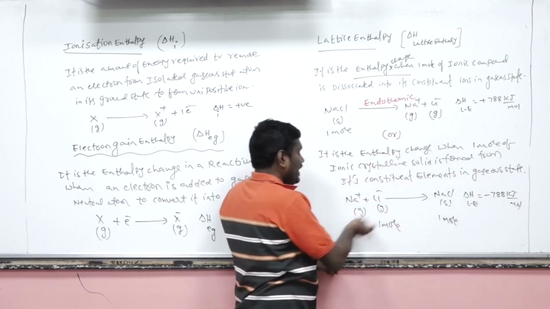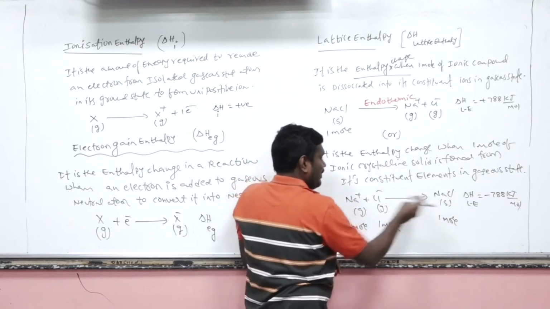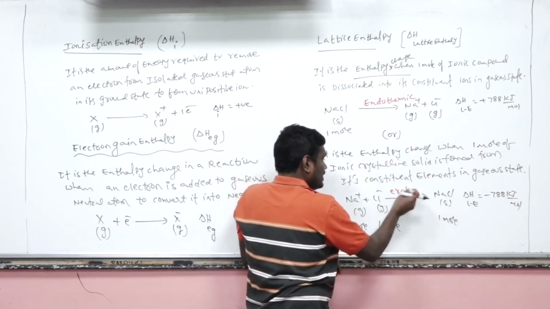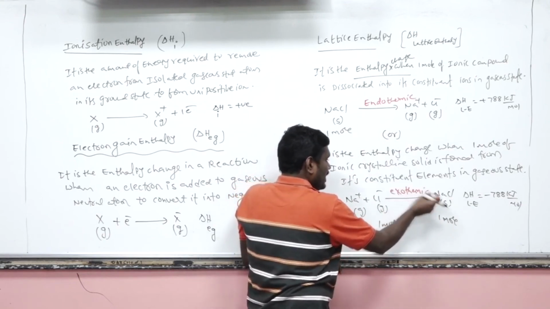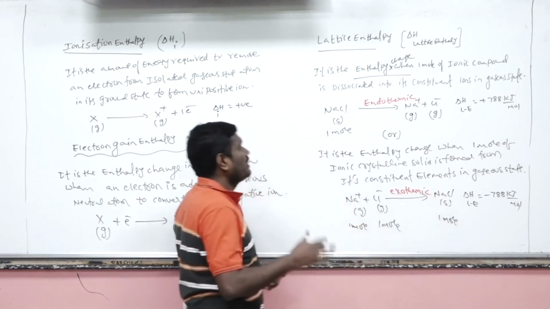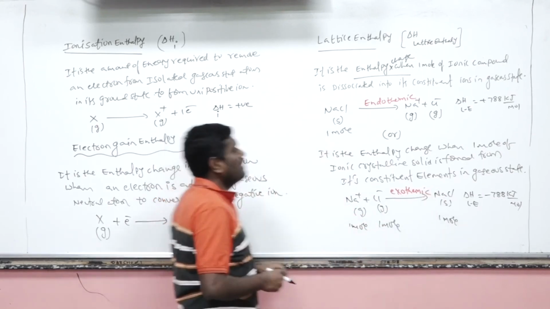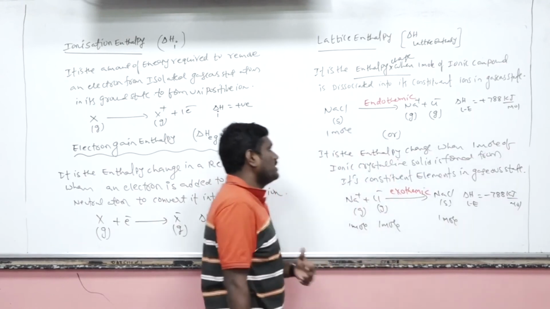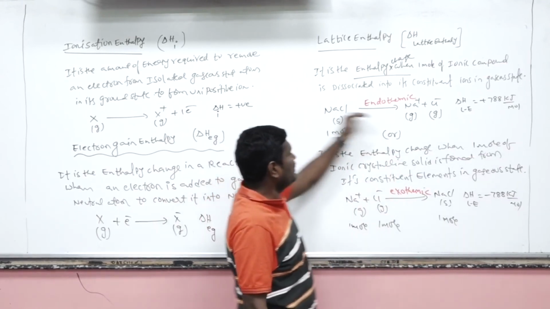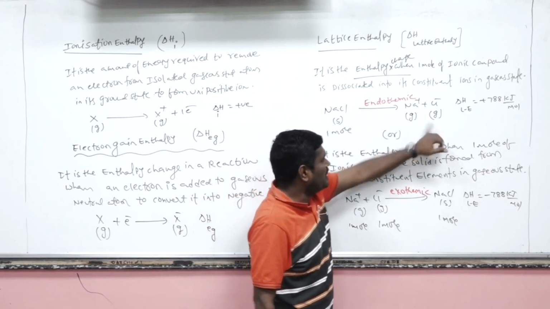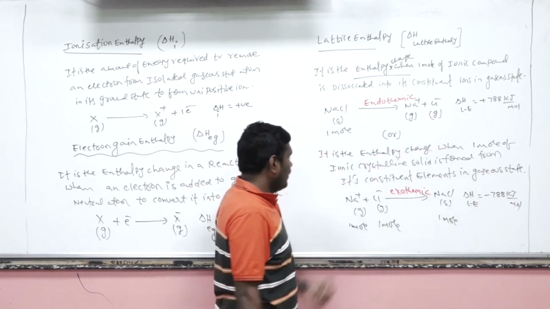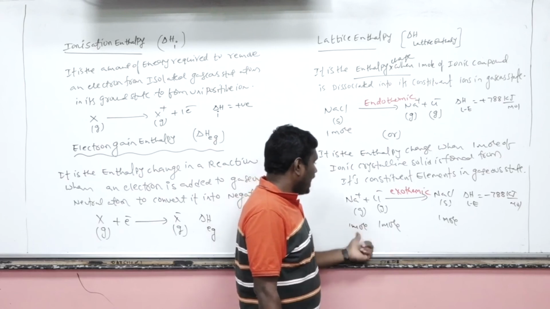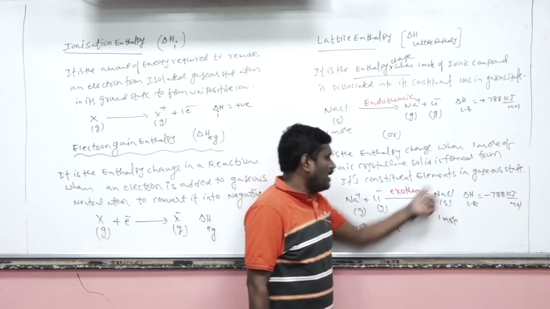When ions are mutually combined to give 1 mole of a lattice, the system loses heat energy, that is exothermic. So lattice enthalpy may have a positive or negative sign depending upon whether we are breaking 1 mole of ionic crystal into its constituent gaseous ions, or combining oppositely charged gaseous ions to give 1 mole of a crystalline solid.